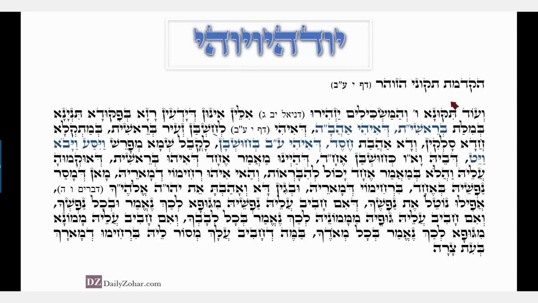Now, in this introduction of Tikkunei Zohar, it says Maskilim Yazhiru, those are the wise that will shine, those that know the secret in the word Bereshit, which is love.